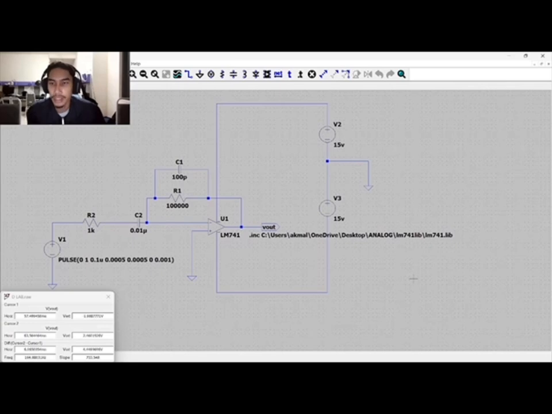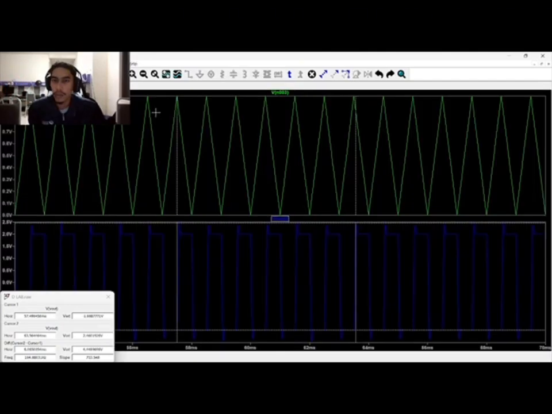So this is schematic D. We use two resistors and two capacitors. For the first resistor we use 100 kilo ohm. Second resistor is 1 kilo ohm. First capacitor is 100 picofarad. Second capacitor is 0.01 microfarad. So this is the complete circuit for circuit D. So we move to the next, the waveform graph.